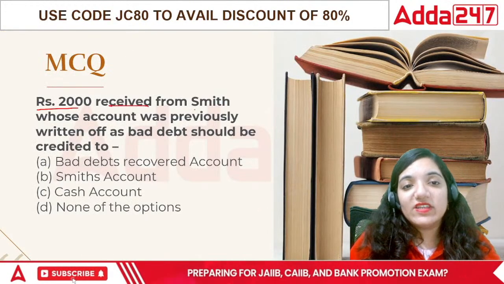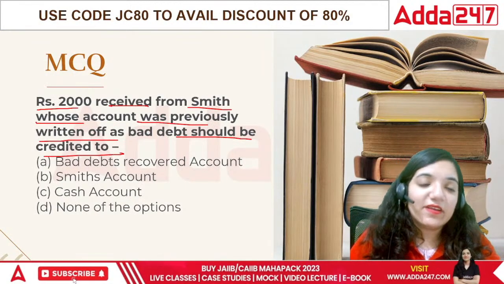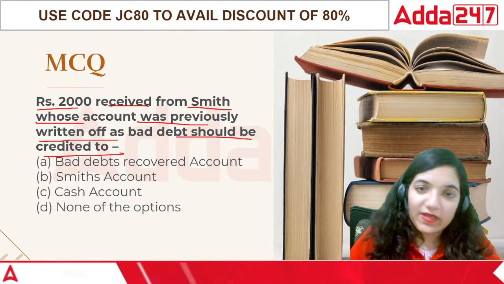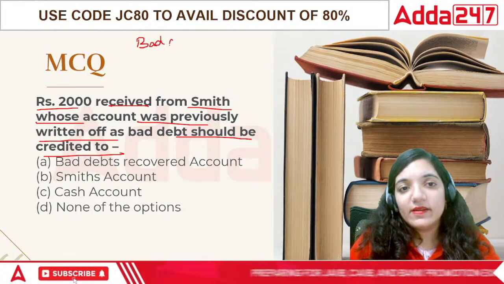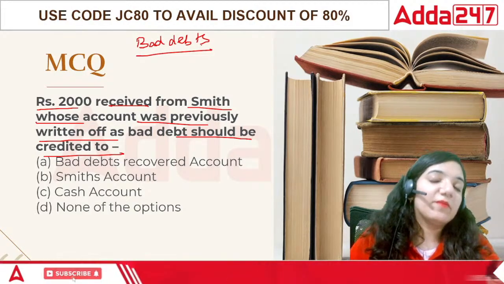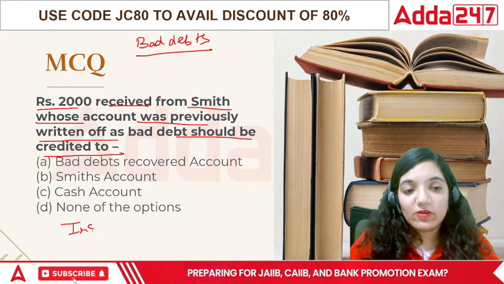Rupees 2000 received from Smith, whose account was previously written off as bad, should be credited to. If there is someone who was supposed to give me money and he refused to give me money, he is currently a bad debt for me. The person said, I'm not giving you any money because I am unable to pay you. That thing is also called insolvency.